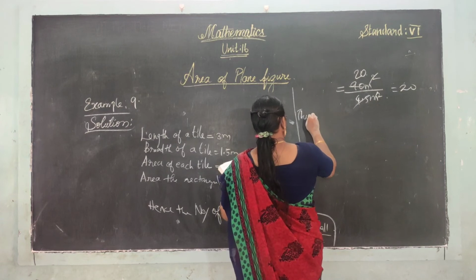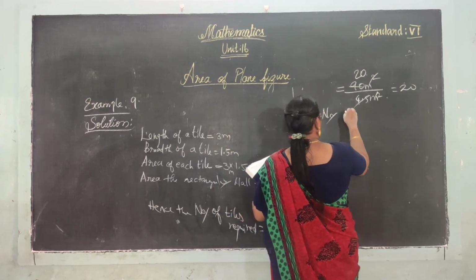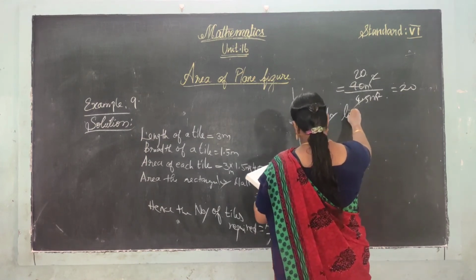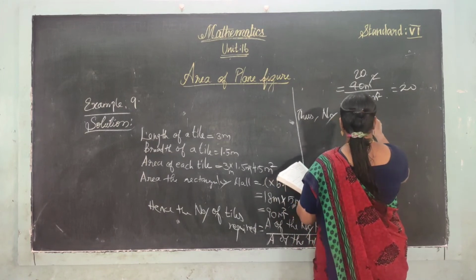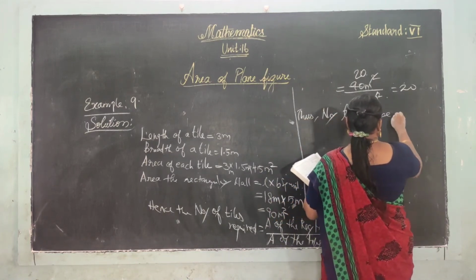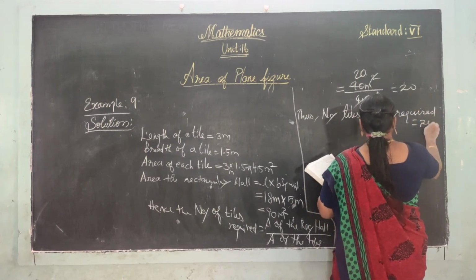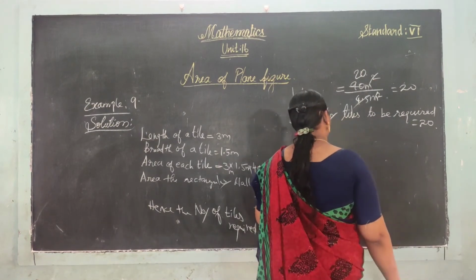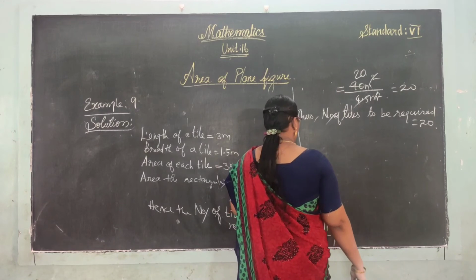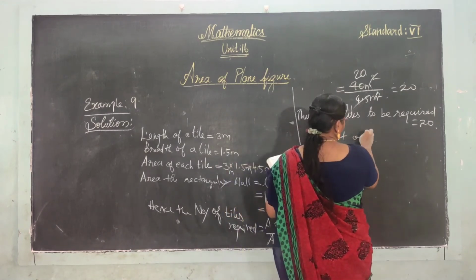Thus the number of tiles required is equal to 20. Now we calculate the cost of tiles.